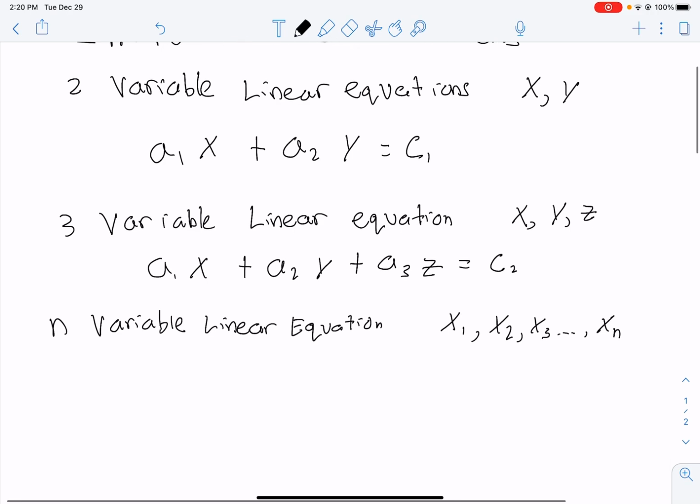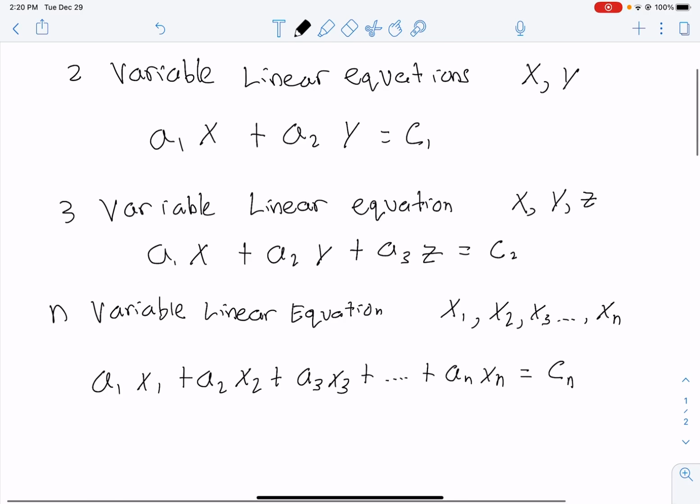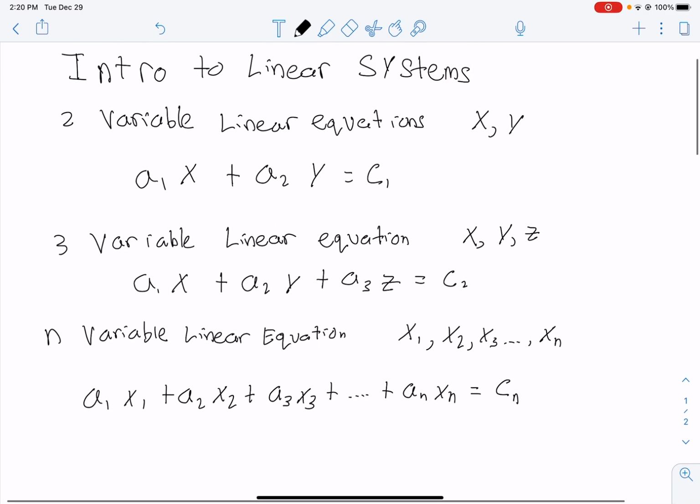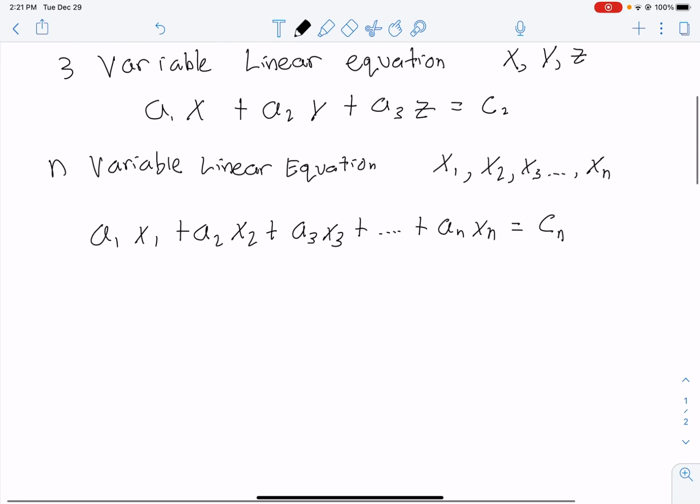Or how I'd write an equation like this, a1 x1 plus a2 x2 plus a3 x3 plus all the way until an xn could equal some constant cn. Well, we'll keep it that size. I kind of like it this big. So we're getting on the same page.